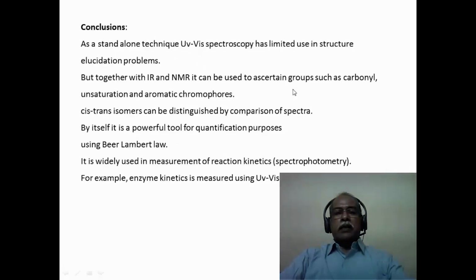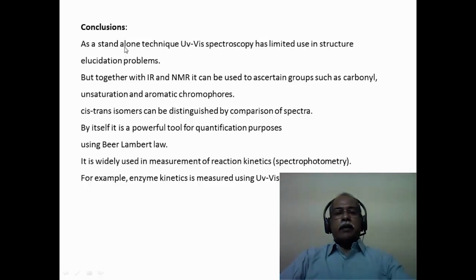So what we have seen in the last two modules is that as a standalone technique, UV visible spectroscopy has very limited use in structural elucidation problems. But when it is put together with infrared and NMR spectroscopy, it can be used for ascertaining certain functional groups like carbonyl, unsaturation, and aromatic chromophores. Of course, IR and NMR can by themselves tell about the presence of carbonyl and aromatic functional groups.